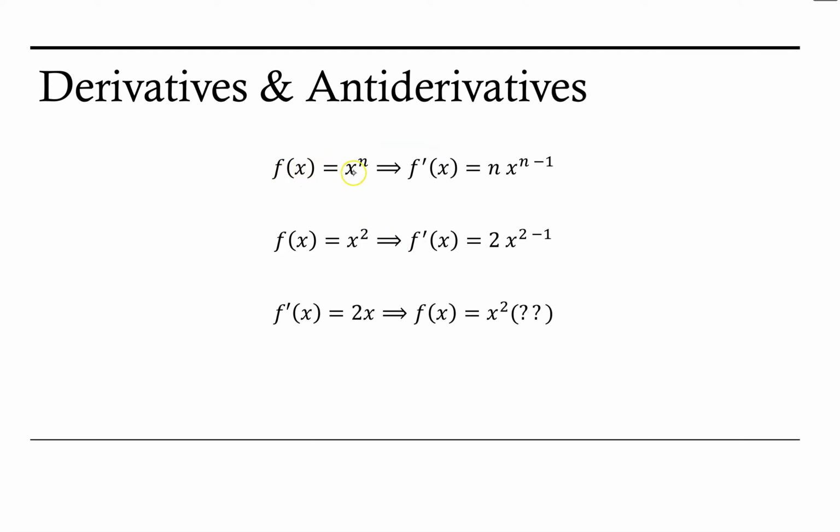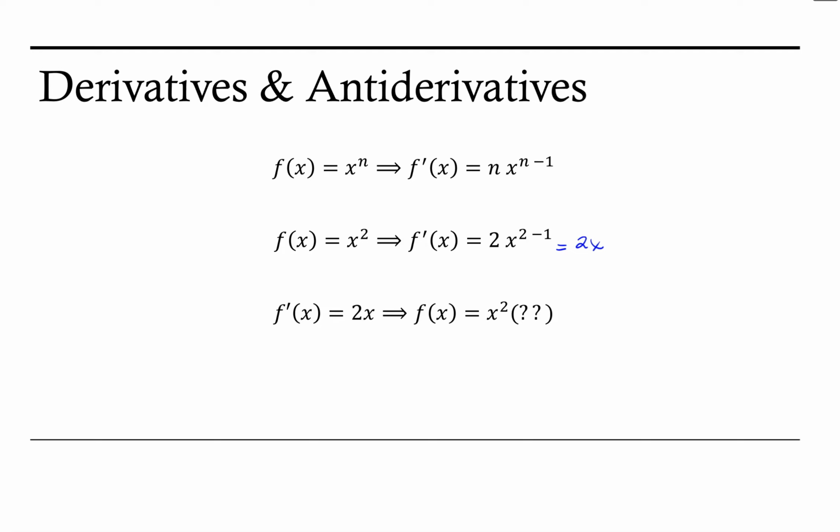If I have f of x equal to x to the n, so a polynomial-like function, and I find its derivative, the power rule tells me that the derivative of x to the n is n times x to the n minus 1. So using this rule, if f of x equals x squared, my derivative would be 2 times x to the 2 minus 1. Or more simply, 2x.